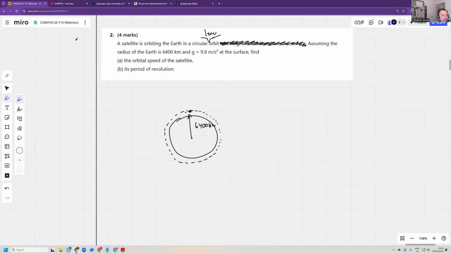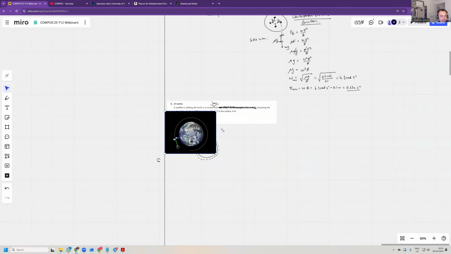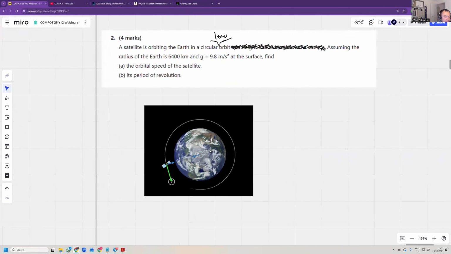So let's say it's a low Earth orbit. We can write directly on here: low Earth orbit. And that gravitational force on the satellite is equal to mg. On the other hand, we know that it is moving in a circle, therefore the centripetal force is mv squared over r.